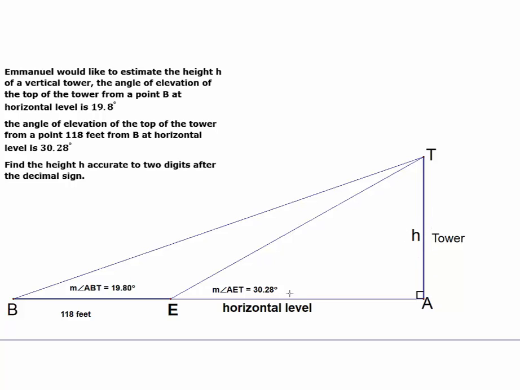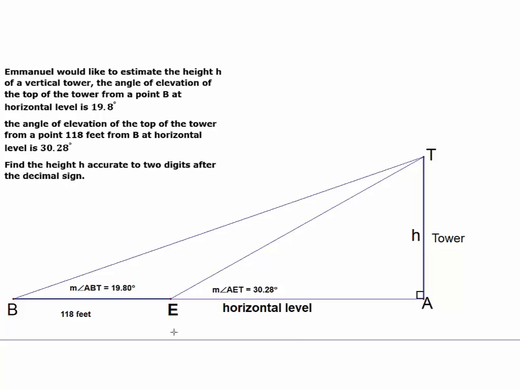So if we want to use this angle 30.28 degrees to find h, all that we know is the distance between these two points. We can relate the quantity we have to determine with this adjacent side by means of tangents, but we know the length of only this piece.